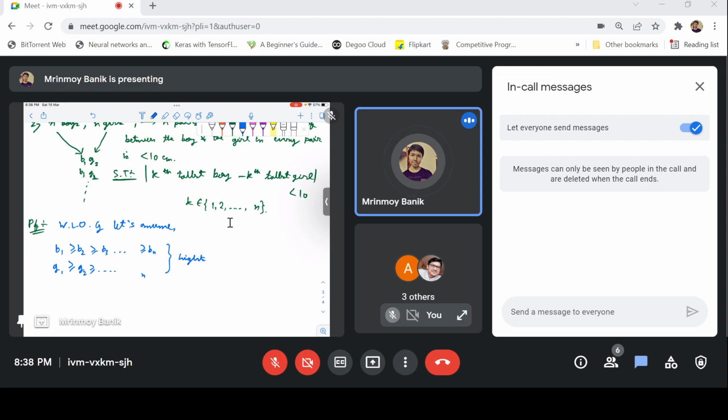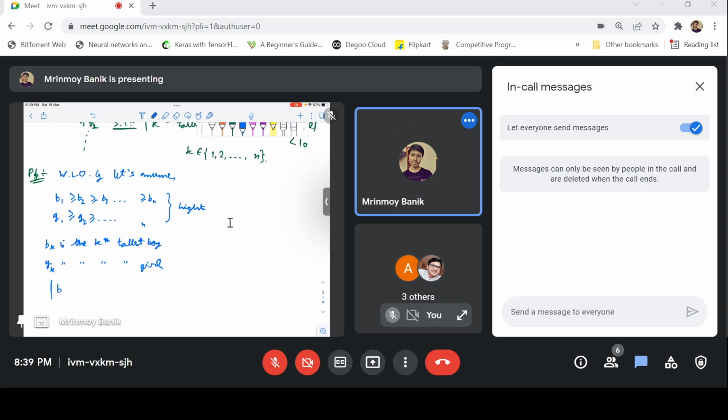So now B1 is the tallest person, B2 is the second tallest, so BK is the kth tallest boy. Similarly, GK is the kth tallest girl. Suppose the difference between their heights is, we are assuming this, greater than or equal to 10.